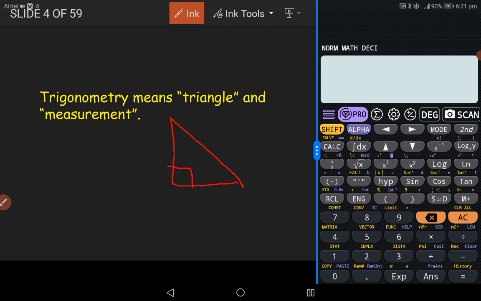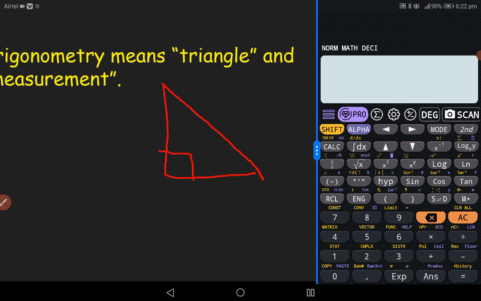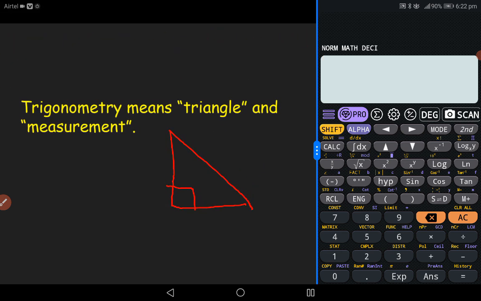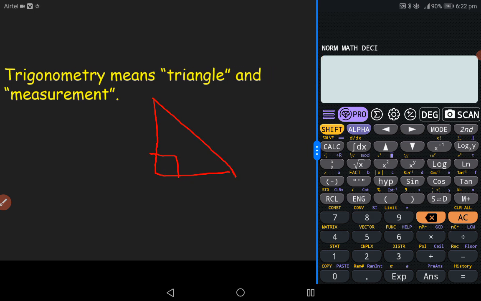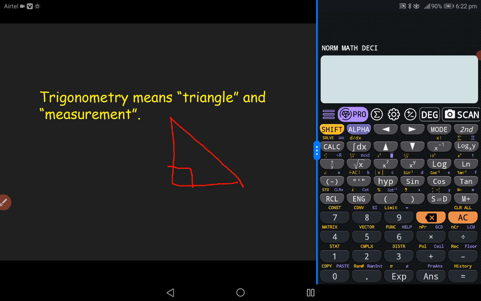Why right-angled triangle? It's because it contains a 90-degree angle at some point here. Such a triangle is called the right-angled triangle, or simply right triangle.